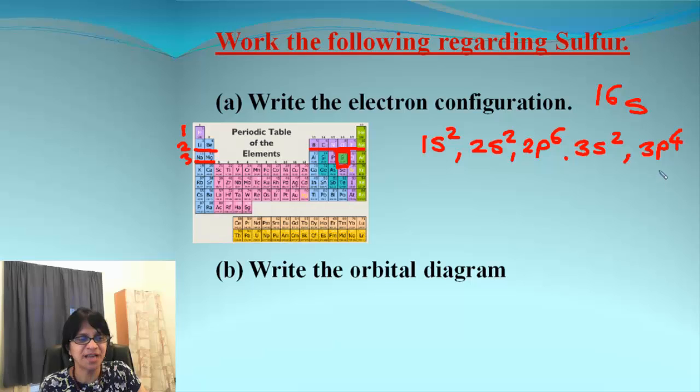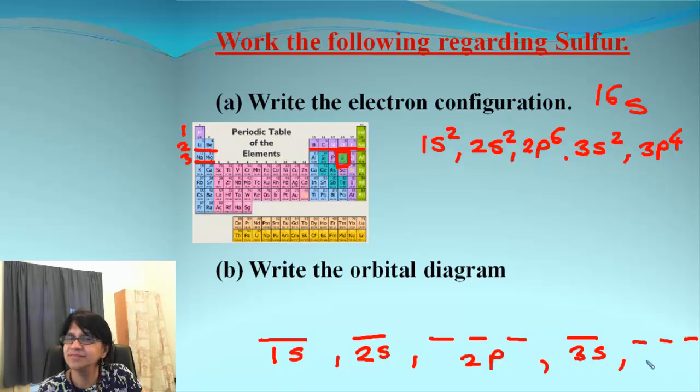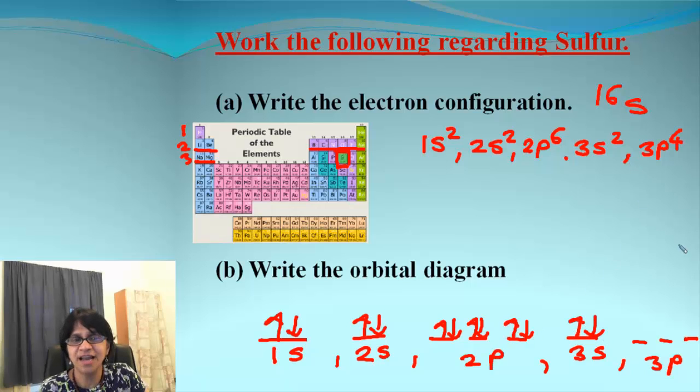How do we get the orbital diagram for that? 1s will be one line, 2s will be again one line, then comes 2p, that will be 3 lines. 3s again is going to be one line, and then we get 3p, which will be 3 lines, 3 suborbitals. Electrons must be paired and all the sublevels must be completely filled in, so I'm going to get it done till 3s2.